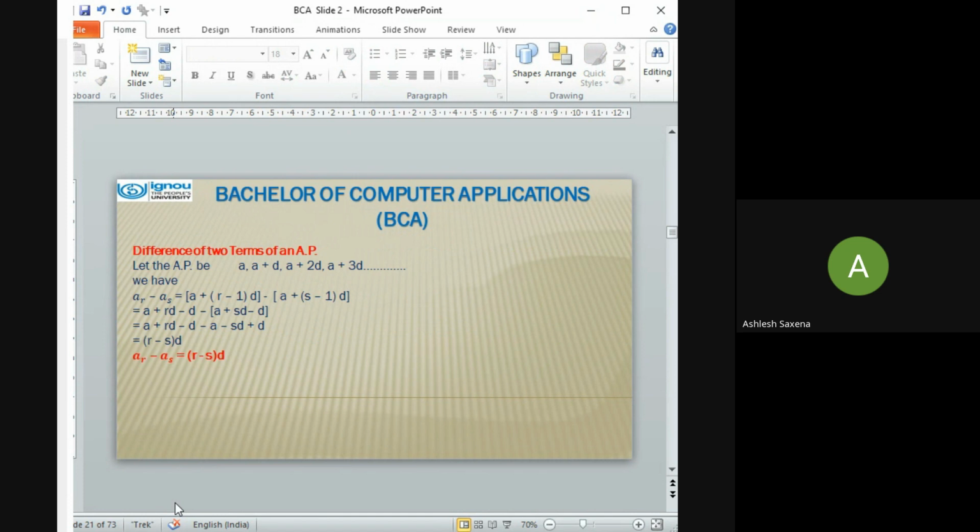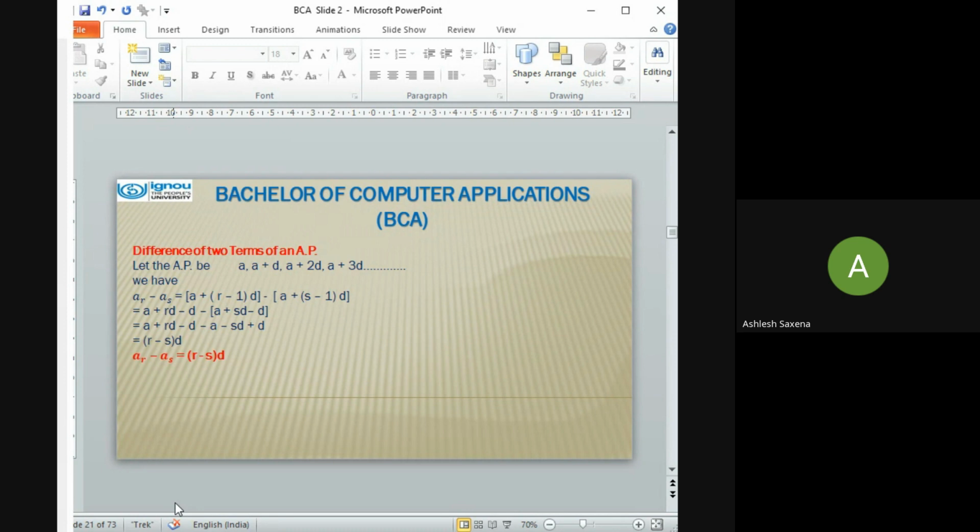I will be using it in different ways. That is A, comma, A plus D, comma, A plus 2D, comma, A plus 3D. This is the general form of an arithmetic progression.